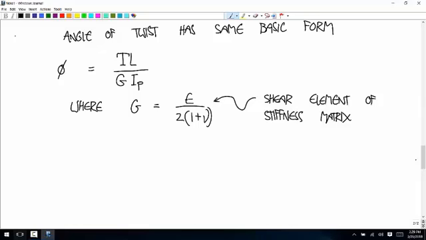compression. And then there's the two other forms too. So here are all three formulas for angle of twist.